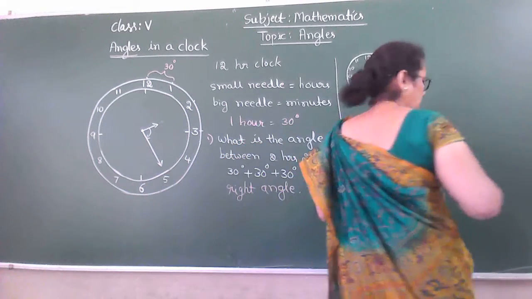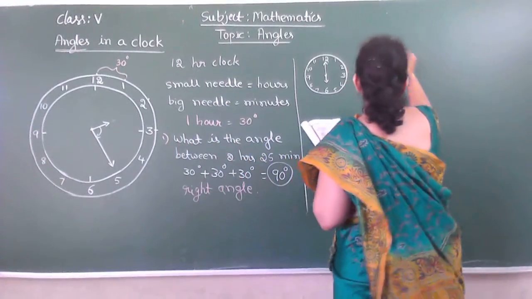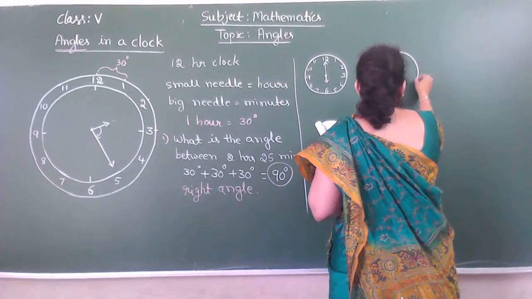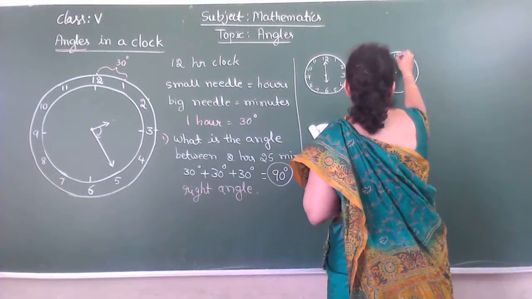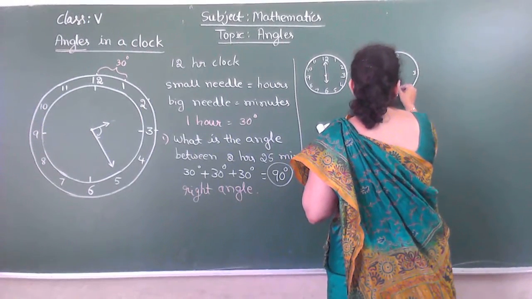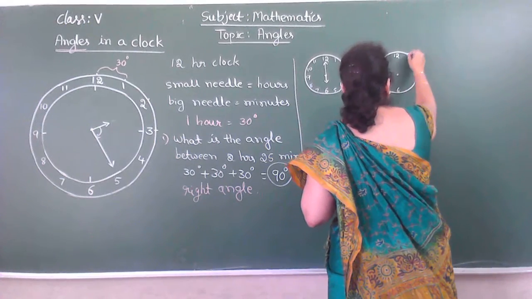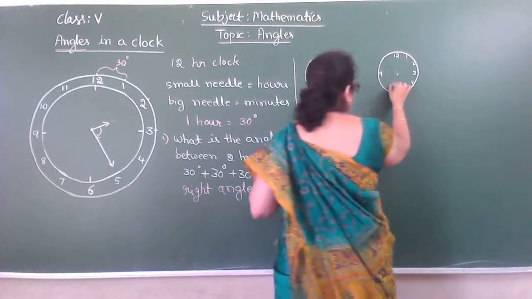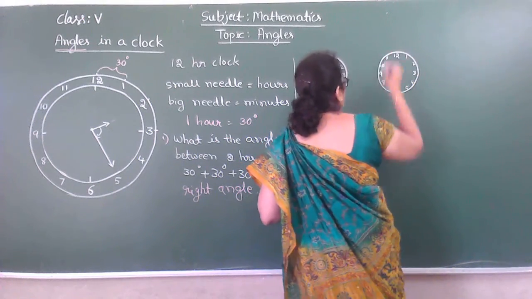Okay, I will write this one also. Another clock. Okay, 12, 3, 6, 9. In between 1, 2, 4, 5, 7, 8, 10, 11.